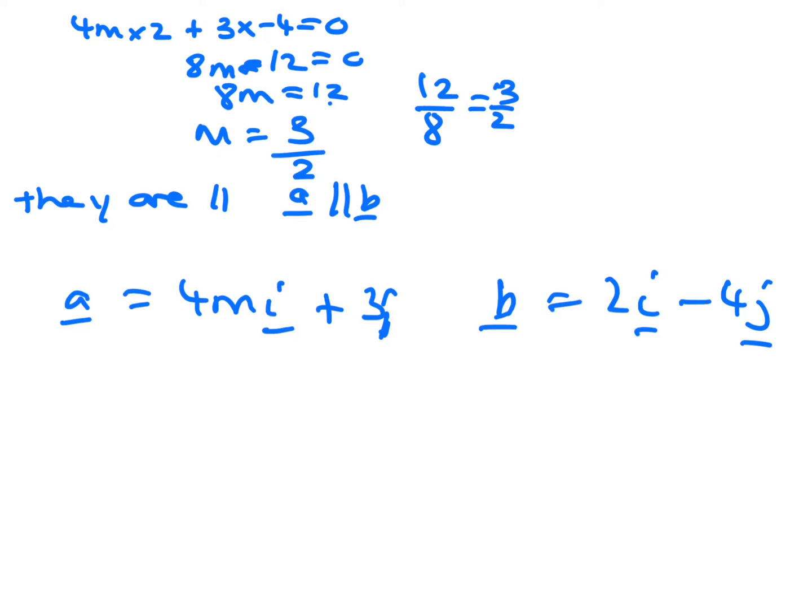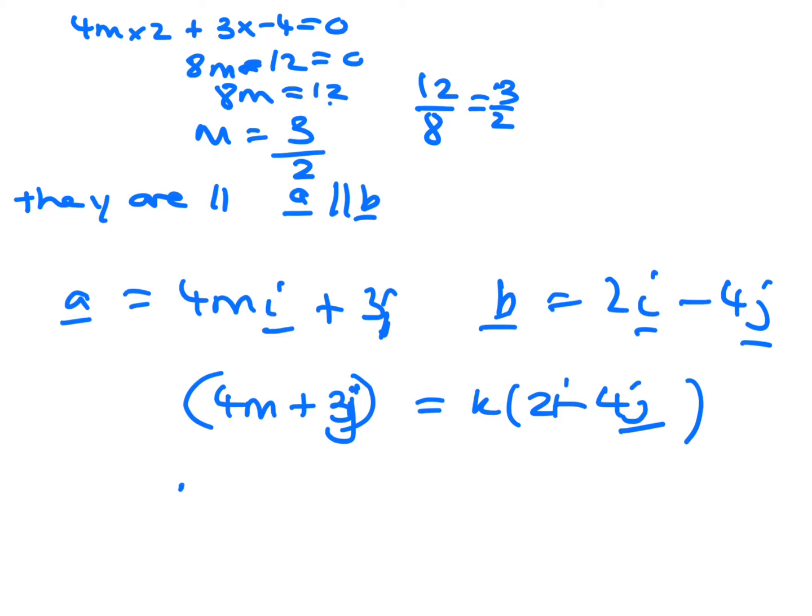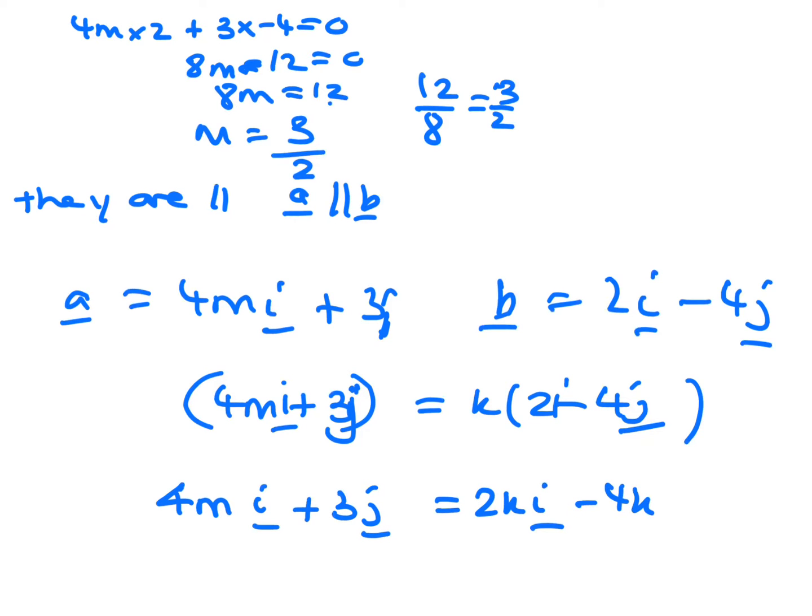So if they're going to be parallel, that means 4mi plus 3j has to be a scalar multiple of 2i minus 4j. So 4mi plus 3j has to equal 2ki minus 4kj.